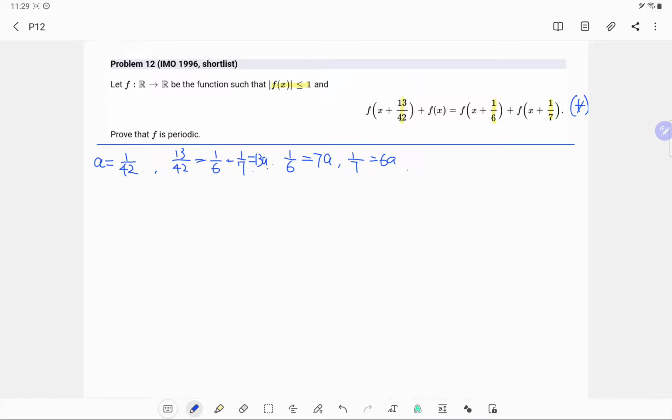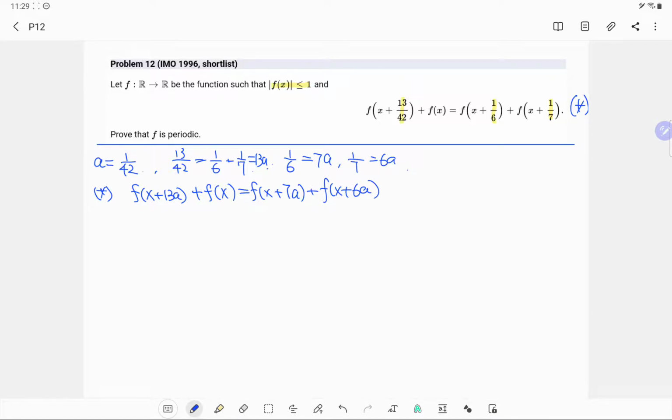So we can rewrite the original equation as f(x + 13a) + f(x) = f(x + 7a) + f(x + 6a).